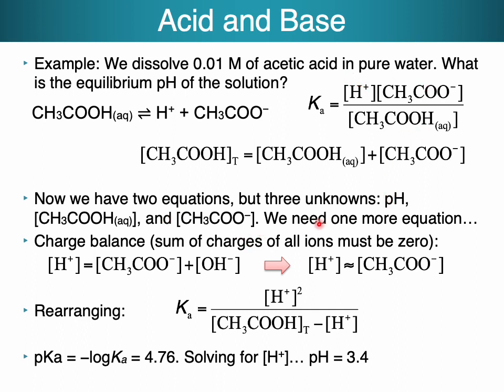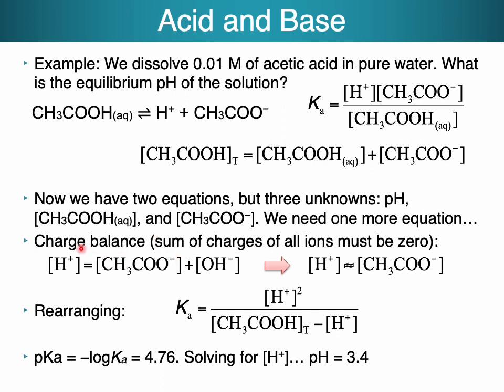So we need one more equation. If we have three unknowns, we need at least three equations. We need exactly three independent equations in order for us to know all three quantities unambiguously.